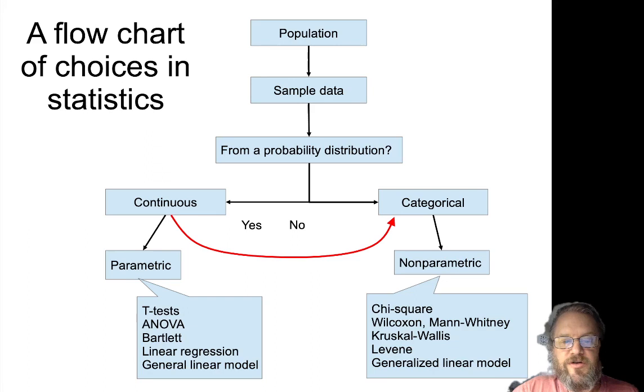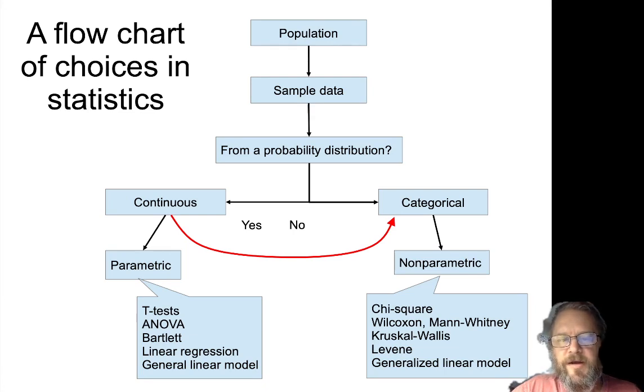And what you're going to do in terms of statistics is estimate parameters about the population. There's a whole host of tests: t-tests, ANOVA, Bartlett test, linear regression, general linear model, right? A whole bunch of tests that are about working with samples to estimate parameters about the population.